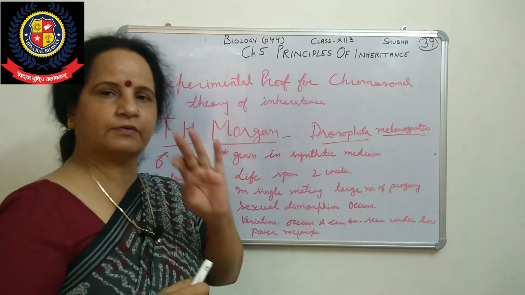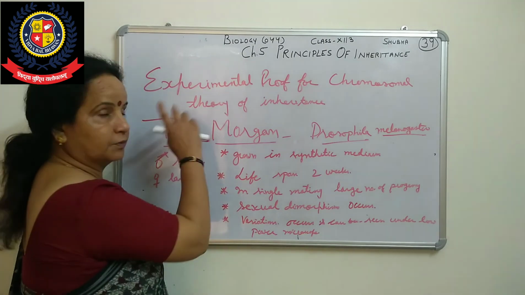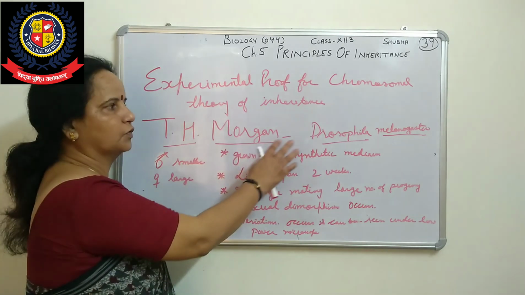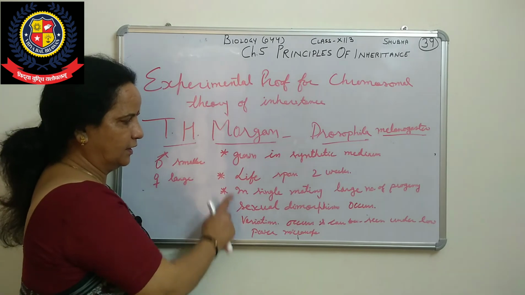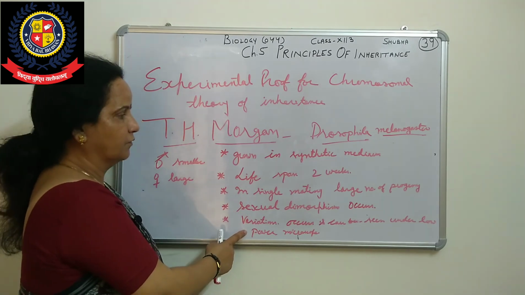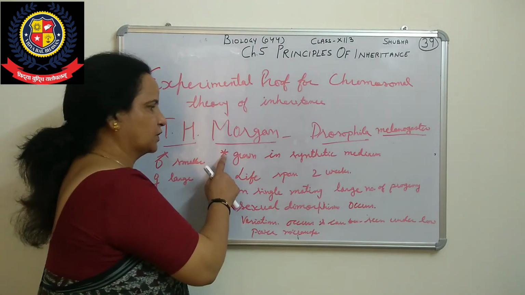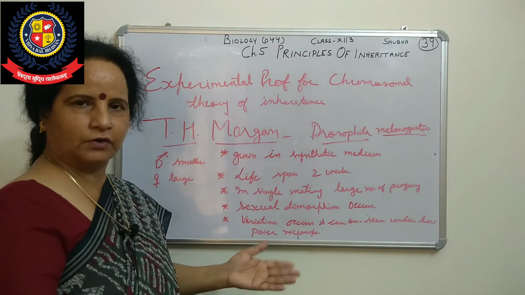In total 7 contrasts he selected. Because Mendel chose the pea plant and T.H. Morgan chose Drosophila, a few reasons are the same: a short lifespan and large variations. Morgan grew Drosophila in culture medium, whereas Mendel grew his plants in the field.